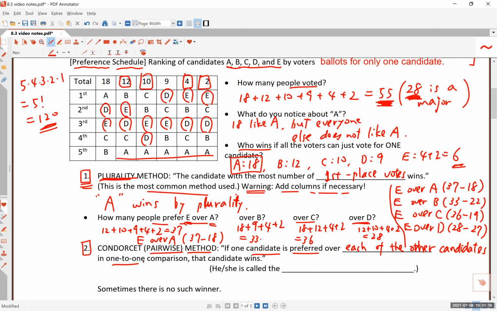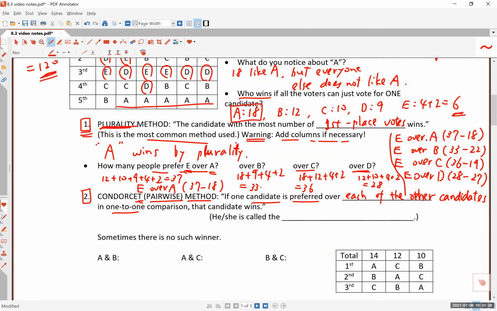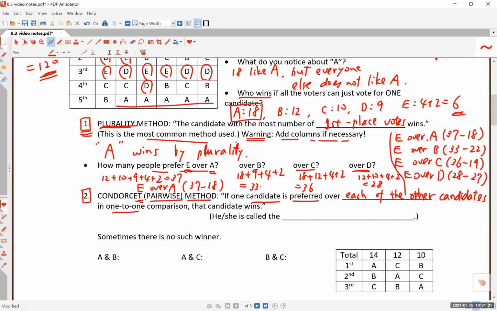If you apply this rule, that method is called the Condorcet method. Don't pronounce the last T. Condorcet is French, and the last T in the French name is often not pronounced, right? Like many other French names.